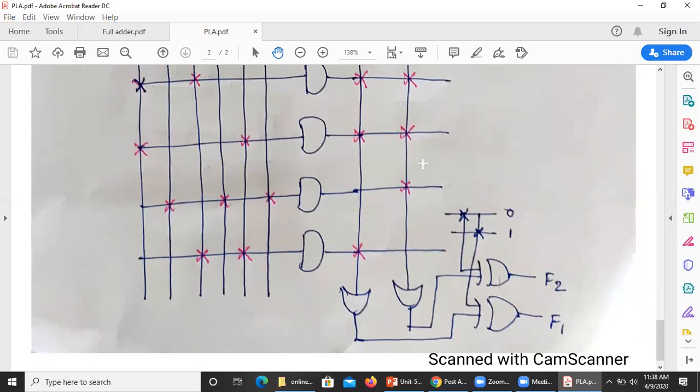So same as our previous examples, how we establish the circuits for combinational circuits, in the same manner we are doing the connections here. The only difference is we take extra exclusive OR gates for identifying whether it is in the complemented form or the uncomplemented form.